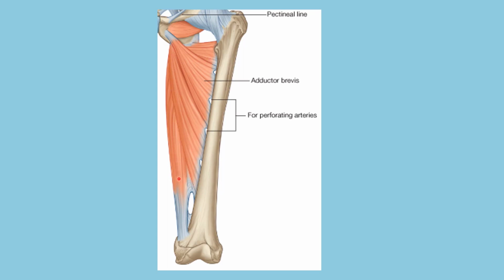The vertical fibers running from ischial tuberosity till the adductor tubercle are hamstring part of adductor magnus, which causes extension of hip joint. This is supplied by tibial component of sciatic nerve. Just like that, even pectineus muscle is supplied by two nerves, that is femoral as well as anterior division of obturator nerve.